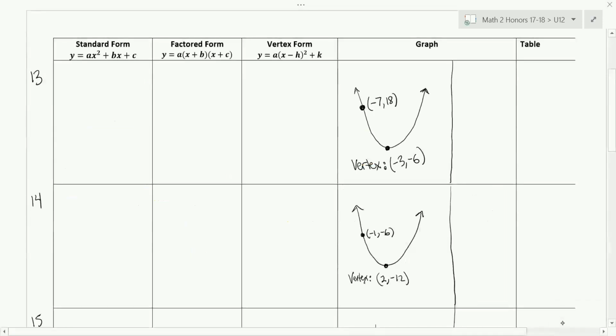So on number 13, we're given the vertex, and we're given a point. And we need to find all the other pieces. Where do you think we start? Okay, yeah, we could totally find that other point. Let's find it.